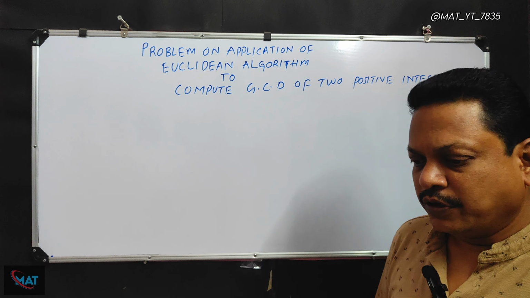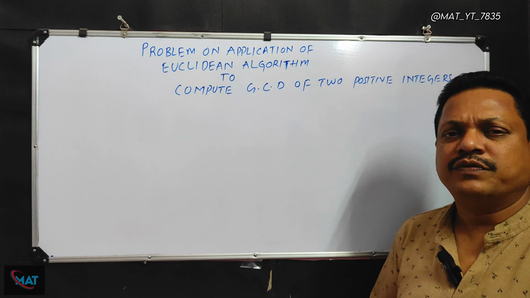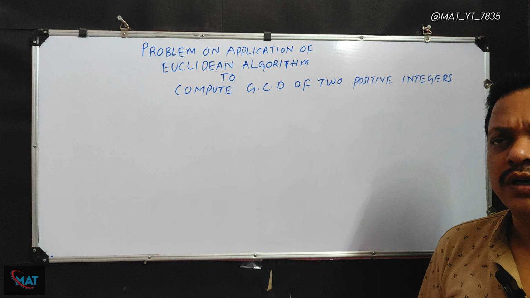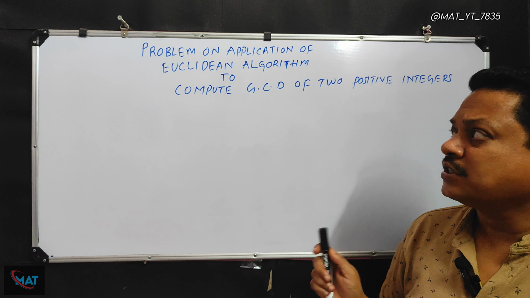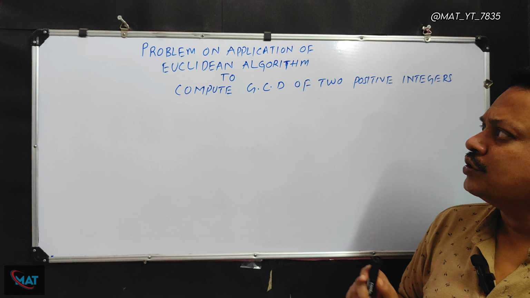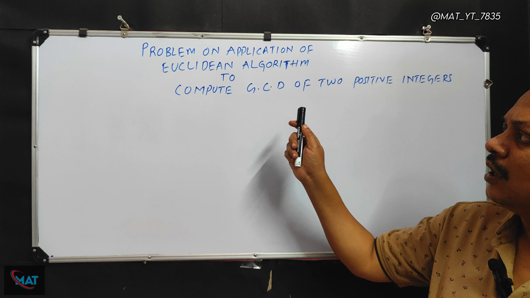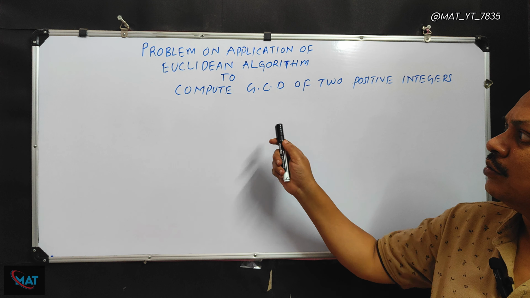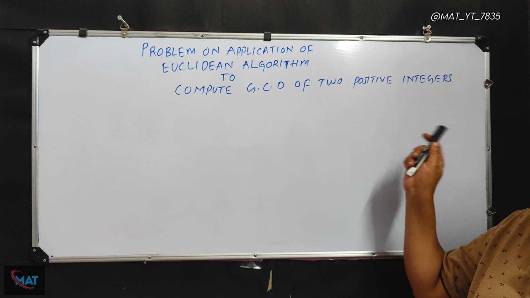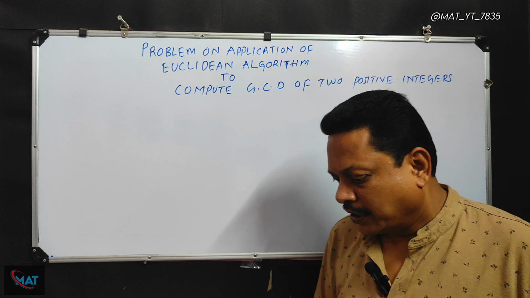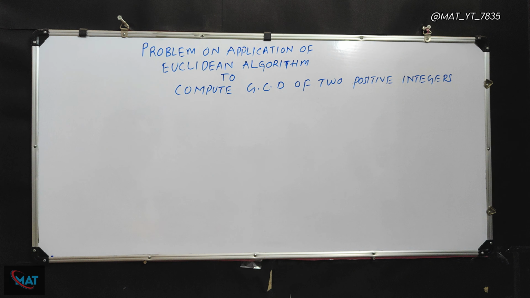So in the last video I gave the information or the definition of Euclidean algorithm. In this lecture we are going to see how to apply this algorithm or procedure to compute GCD of two positive integers. So generally we can consider minimum two positive integers.